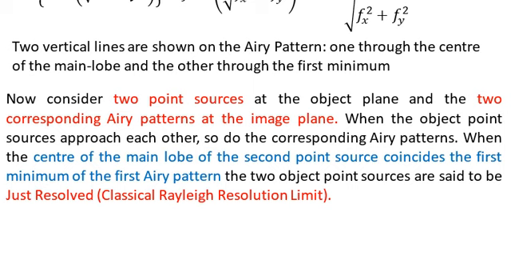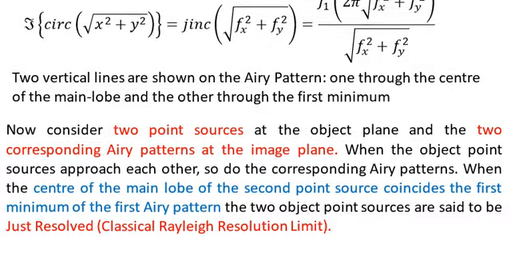When the object point sources approach each other, so do the corresponding Airy patterns. When the center of the main lobe of the second point source coincides with the first minimum of the first Airy pattern, the two object point sources are said to be just resolved, which is the classical Rayleigh resolution limit.